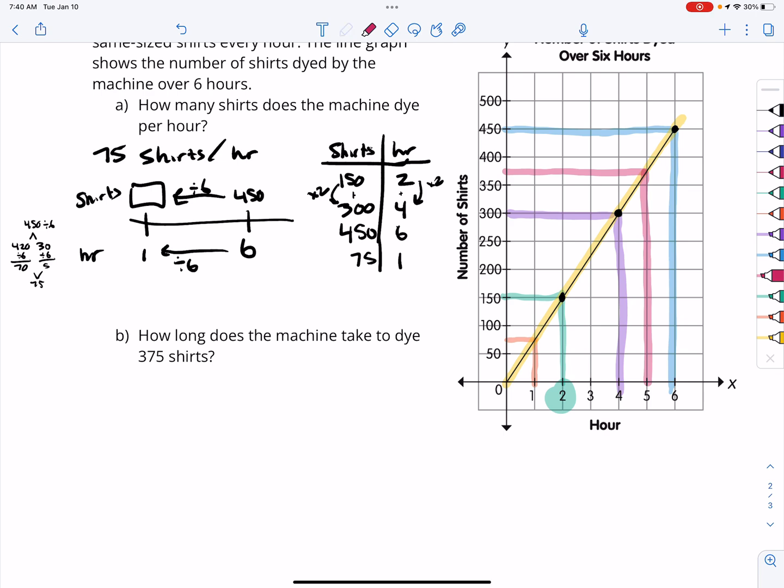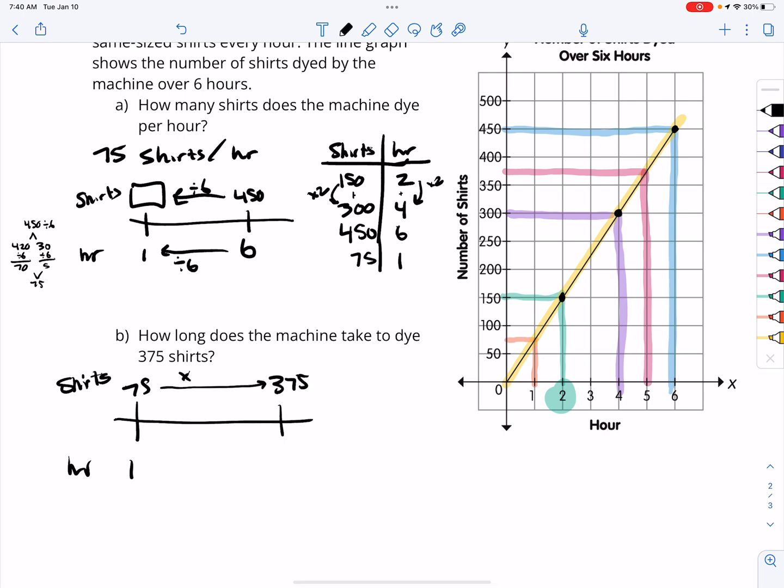If we want, we could start with our unit rate, and I'm going to do our unit bar for this. Again, shirts per hour. We know 75 shirts in 1 hour, and we want to know 375. So we're multiplying by something. I know that 375 is a 300 and a 75.